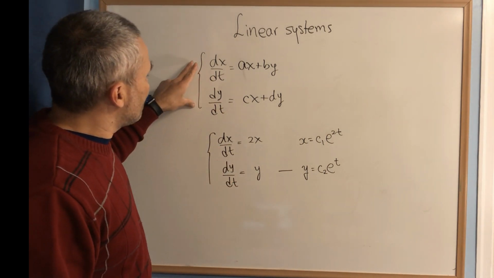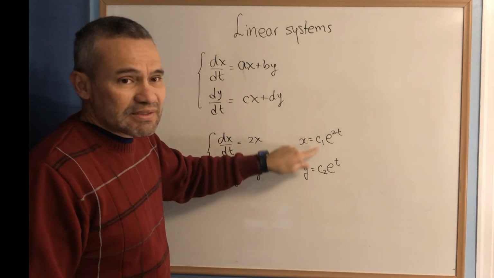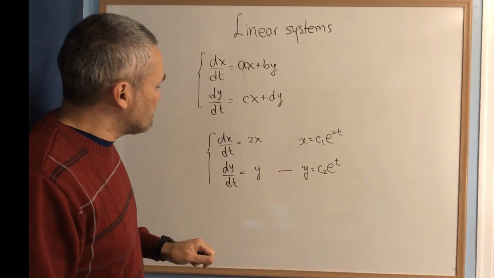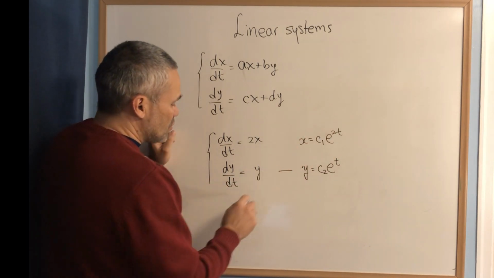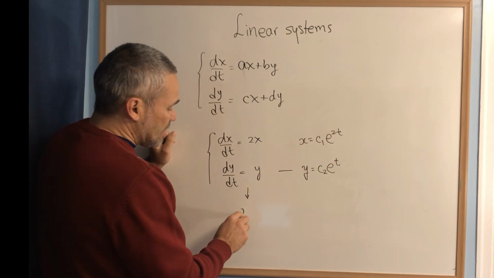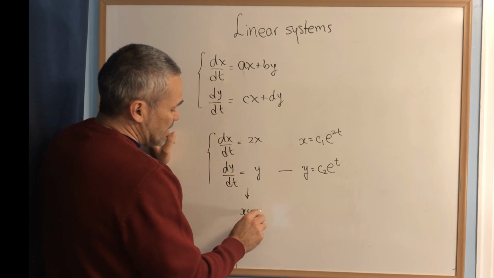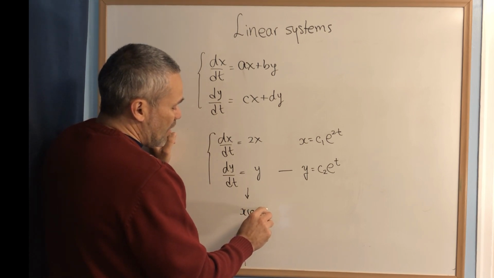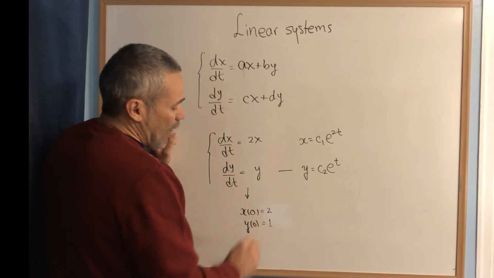We are going to be looking for the general solution, and the general solution is going to have two constants, c1 and c2. Sometimes, instead of asking for the general solution, we're going to say we want the solution that satisfies, it doesn't have to be 0, but let's say x of 0 equal 2, y of 0 equal 1.